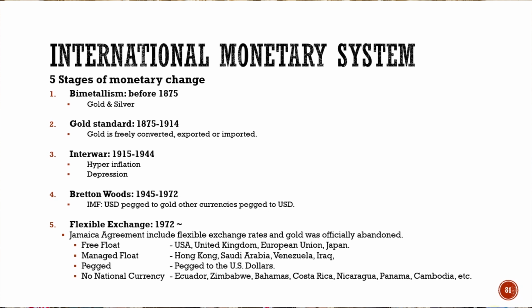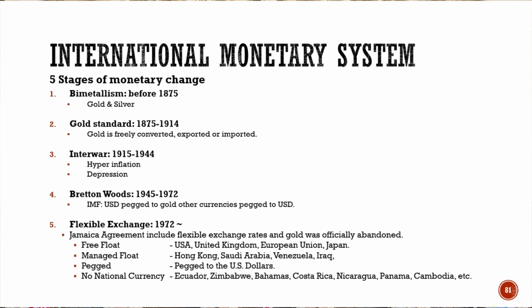Now, gold and silver were never abandoned as a reserve commodity that backs up a currency in case they need to do so. Many countries decided to have a free float, such as the United States, United Kingdom, and the countries of the European Union, and even Japan, allowing supply and demand to decide the value of the currency.